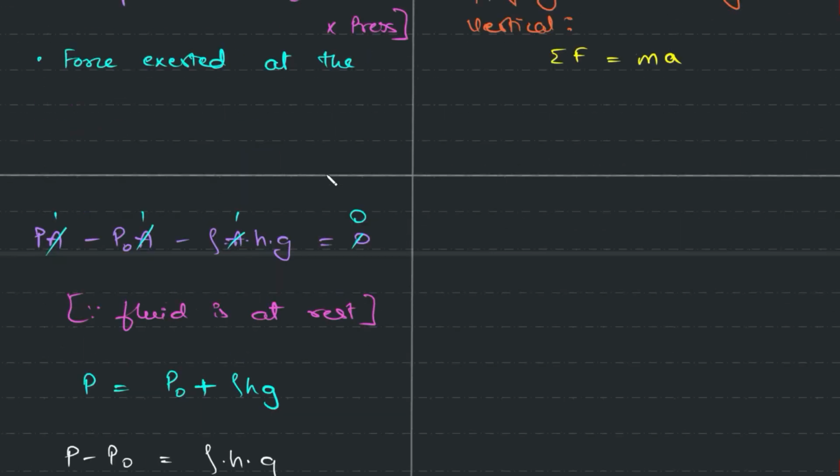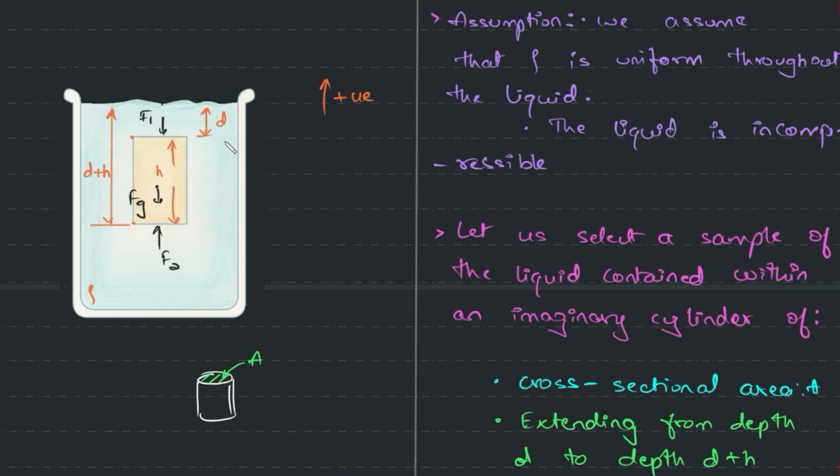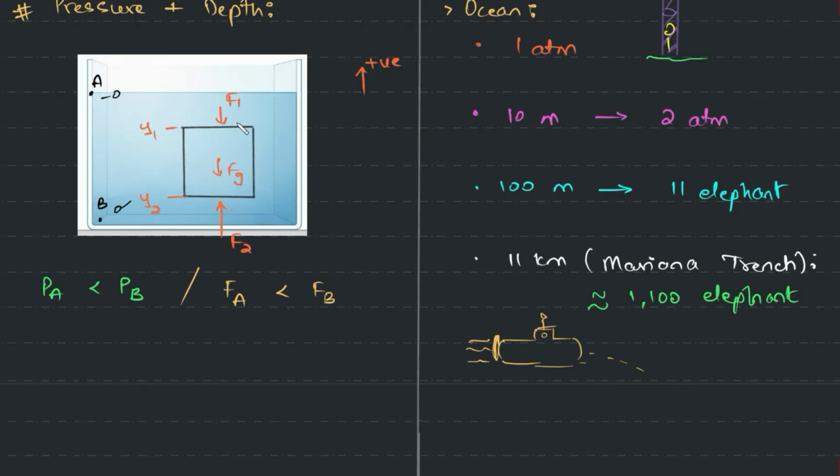So if the pressure at this point is P naught, this will be P naught plus rho gH, or rho gH more than P naught. So if this is 10 Newton, this will be 10 plus rho gH. So it depends on the height.